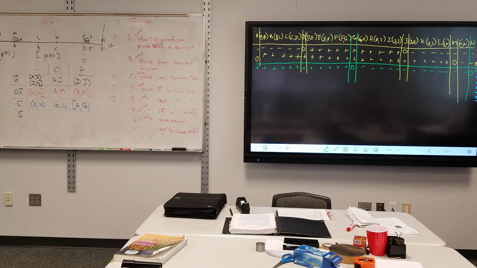Questions here before we do acceleration? Let's do acceleration. So at what points is the velocity going to change? Where there's friction. Okay, so we'll have velocity change in this region here, and in the other region. Where else will the velocity change?